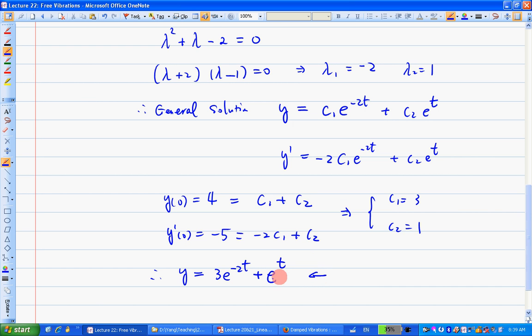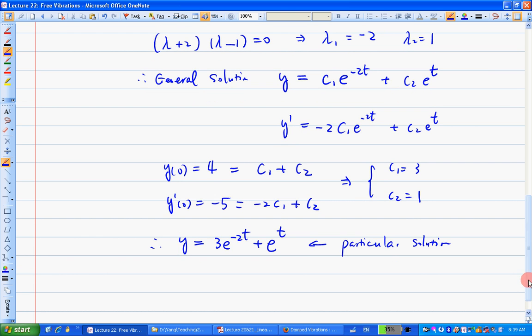Actually, I wouldn't call this general solution now. This is a particular solution, because it's out of the pool, right? For a specific value of c1, c2.